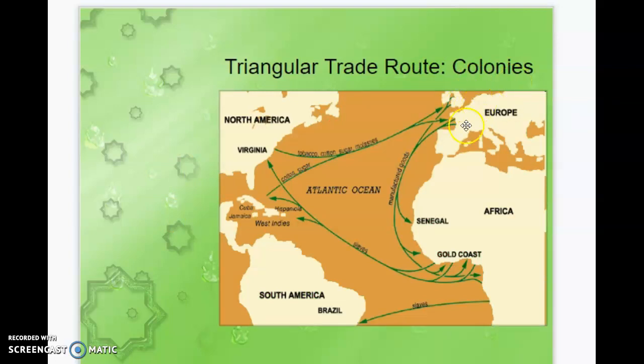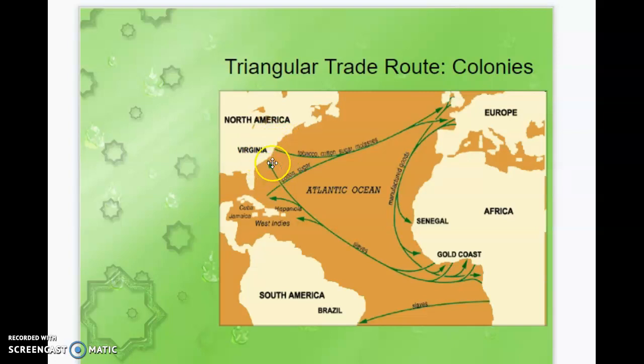Again, you see the goods are being taken from places like England. They're sent over here to the Gold Coast, which is West Africa, exchanged for African slaves, who are then taken over here to either the West Indies or the North American English colonies.